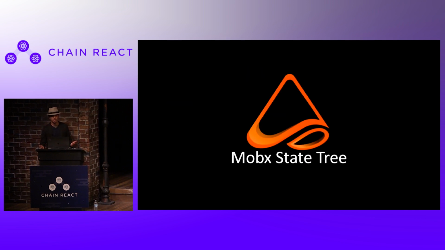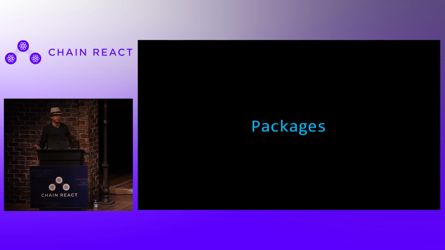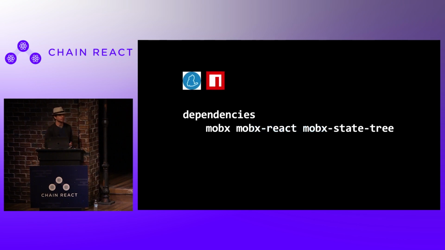Now let's go to MST. Unlike MobX, MobX State Tree, or MST, is an opinionated library that imposes a strict architecture on your state organization. So what are the packages that you'll need when developing in React Native? We have mobx, mobx-react, and mobx-state-tree.